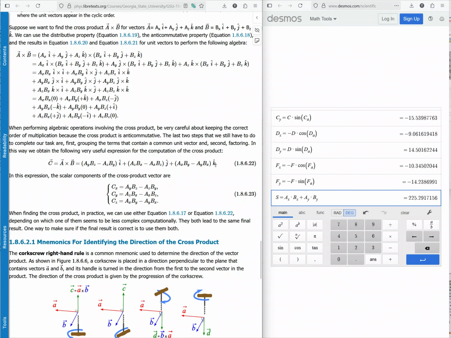Here is the result of a calculation for the cross product between two vectors. So this is what we have to use. Let's see. What I'm going to do is I'm going to snap this.